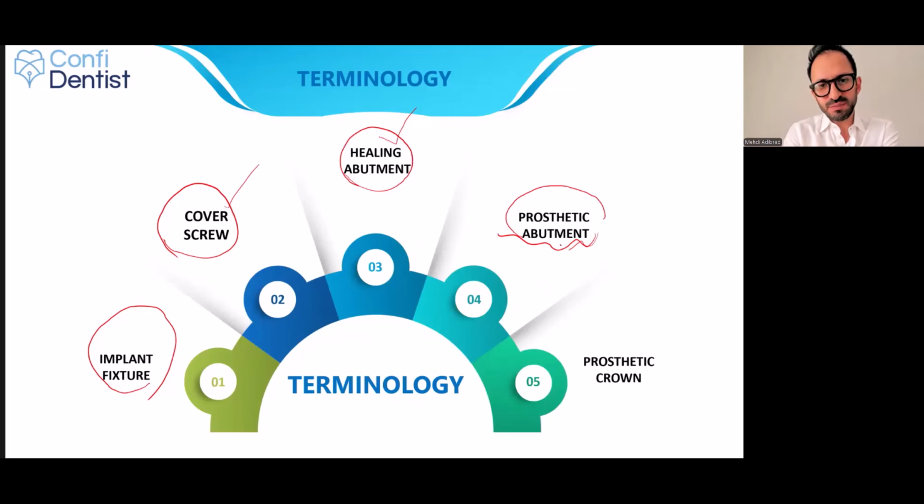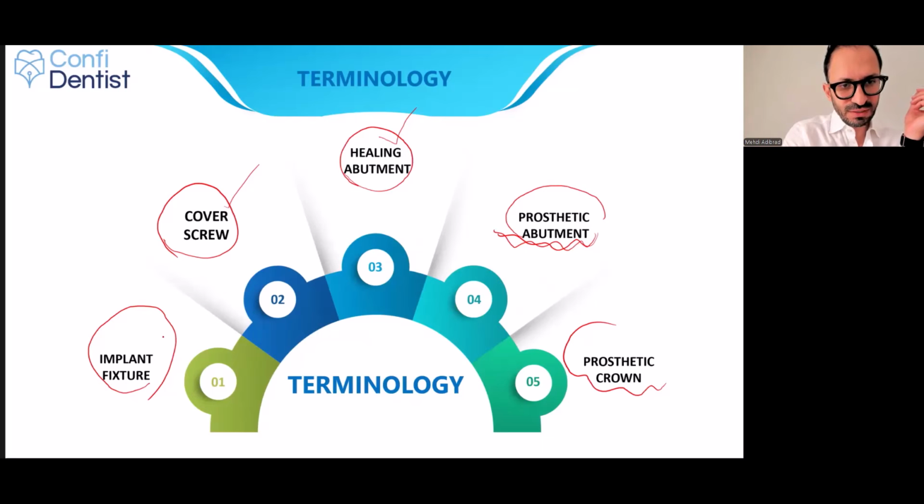We eventually place the prosthetic abutment and prosthetic crown. It can come as a single unit, in the case of screw retained crowns, or as two separate units: the prosthetic abutment is placed and screwed first, torqued, and then a crown is cemented on top. Whether it's screw retained or cement retained is not going to be asked in the exam, but you already know about it.